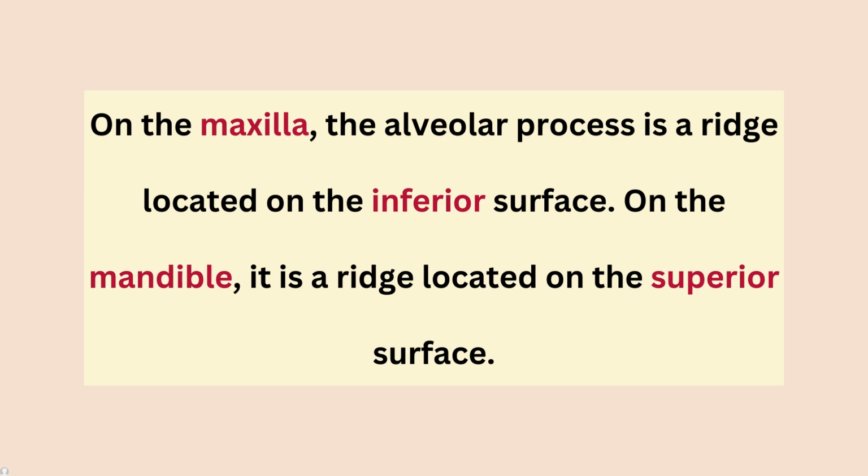Next is the alveolar process. On the maxilla, the alveolar process is a ridge located on the inferior surface, whereas on the mandible, it is a ridge located on the superior surface. What do I mean by superior and inferior? I will explain in a couple of seconds.